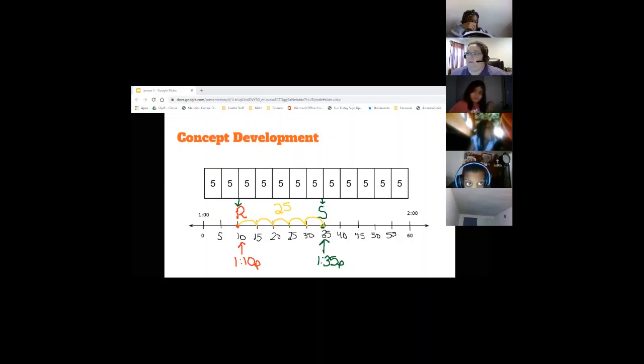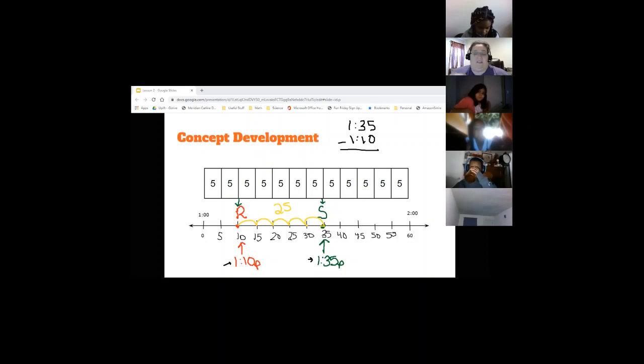Okay? Another way you can do this is we can take the times here, this time and this time. So we can take 1:35 and subtract 1:10. You can only do this if they are within the same hour.